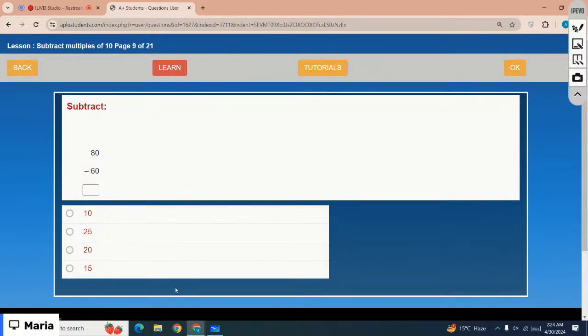It is 80 minus 60 equals 20. Subtract 80 minus 60, which is the correct option.